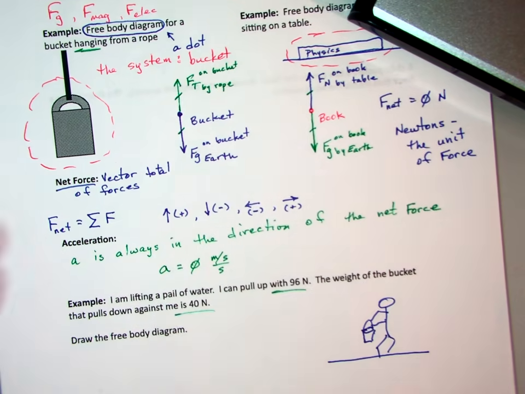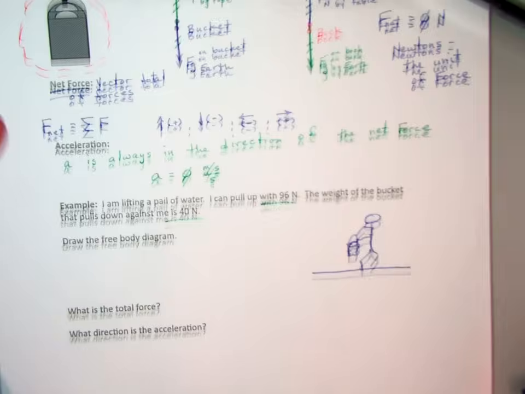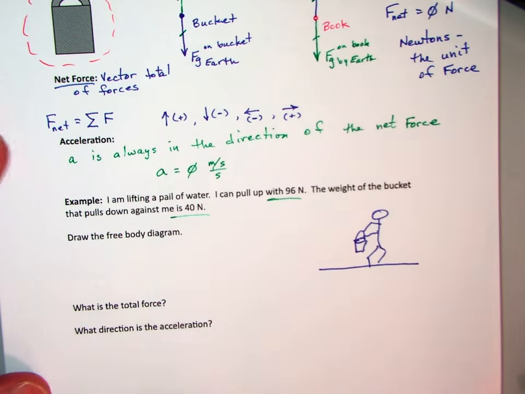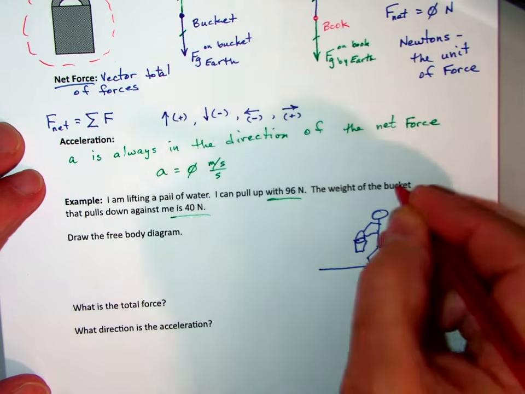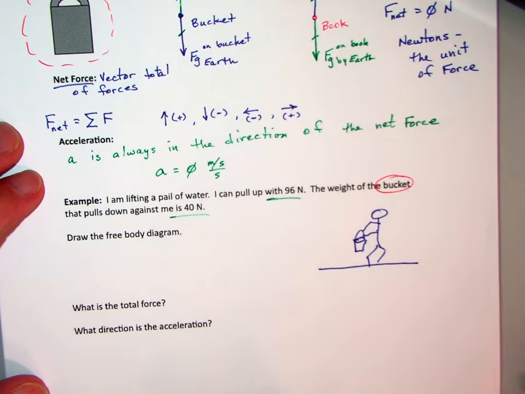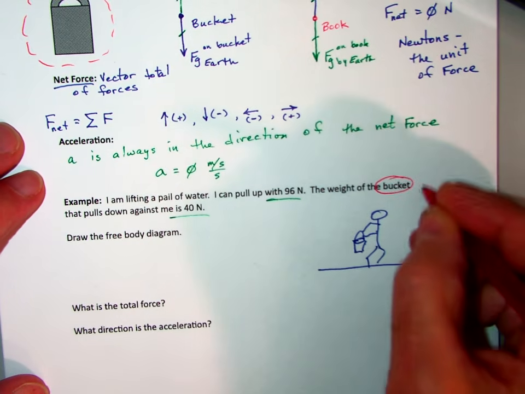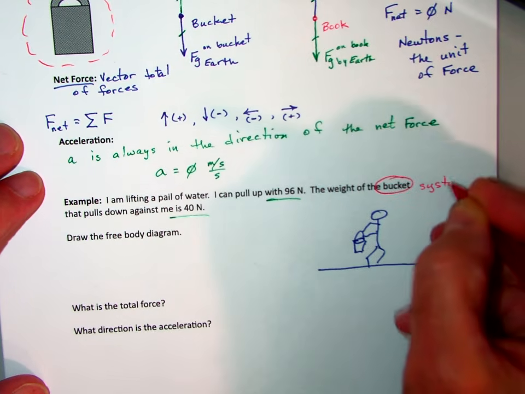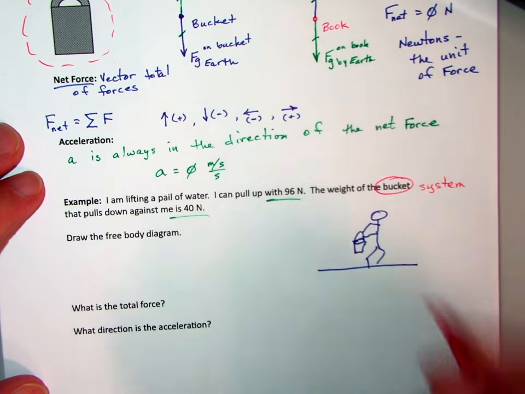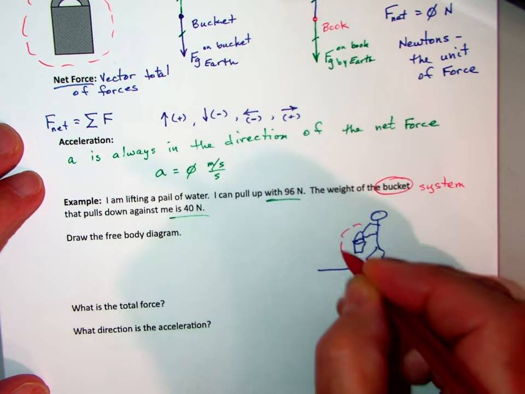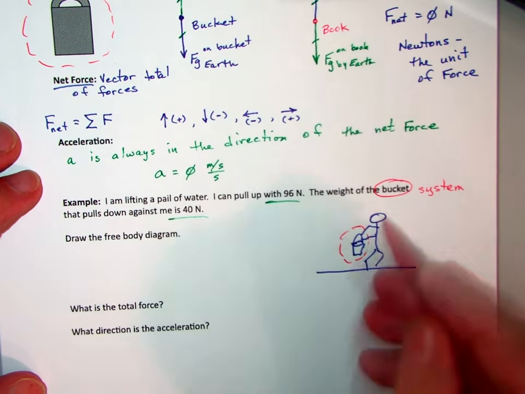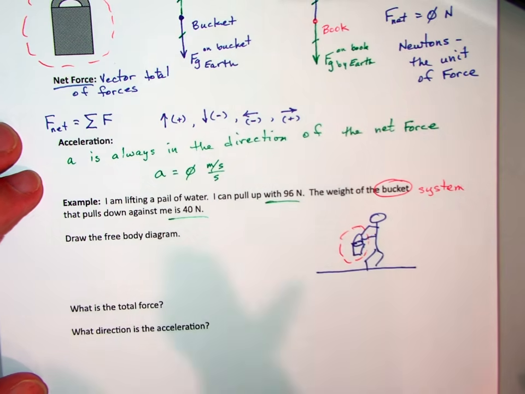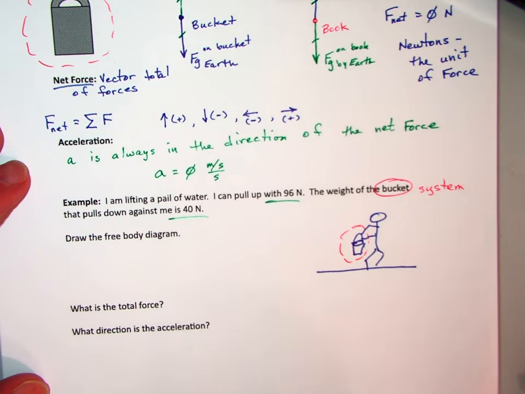Once again, the first thing that we need to do is to identify the system. In this case, it tells us that the system is the bucket. So this is the system. The next thing that we do is we circle the system, so we can identify what breaks that circle around the system.